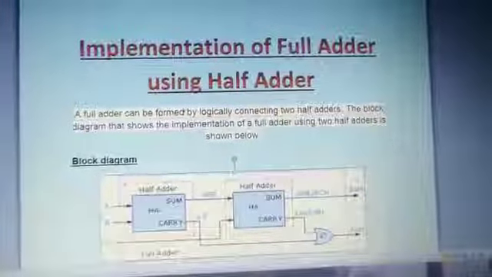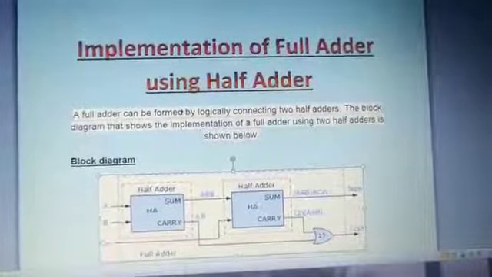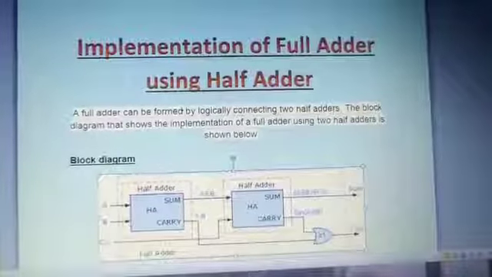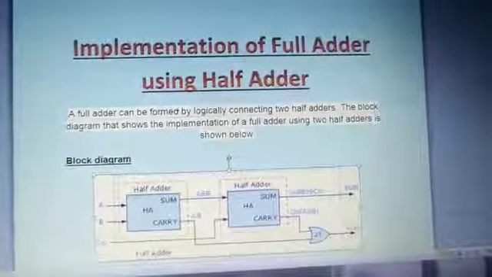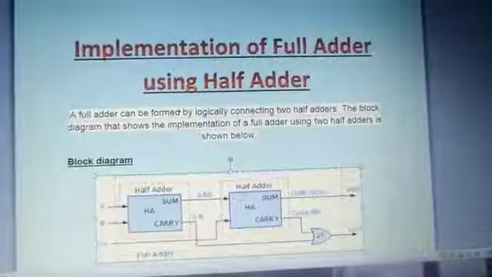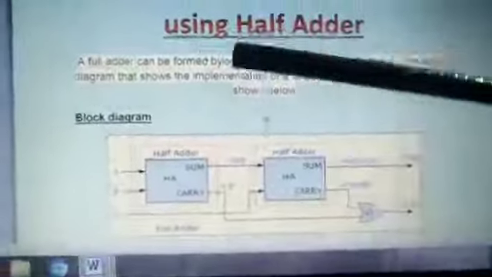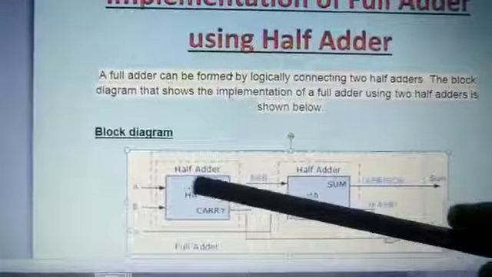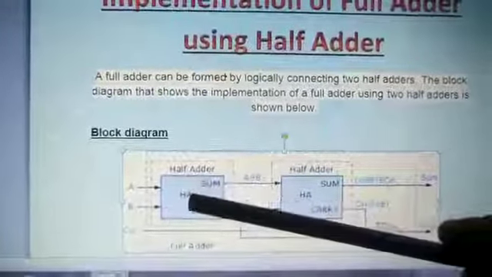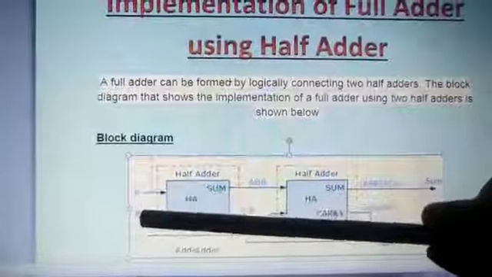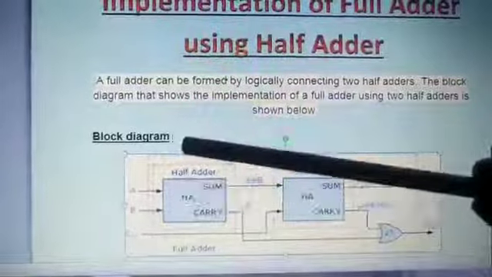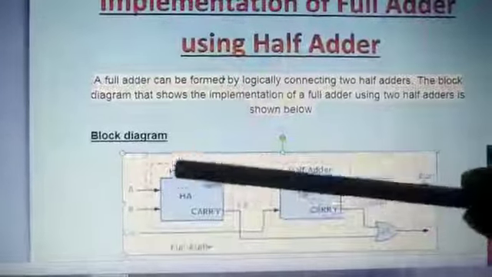To implement a full adder we require two half adders. So using two half adders we can implement our full adder logic circuit. Just watch the block diagram carefully. Here it is A and B, because a half adder is only capable of taking two inputs, so A and B pass through the first half adder.